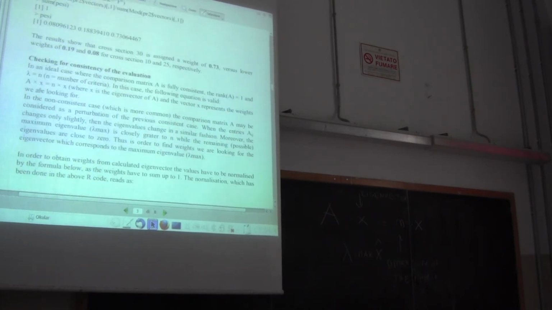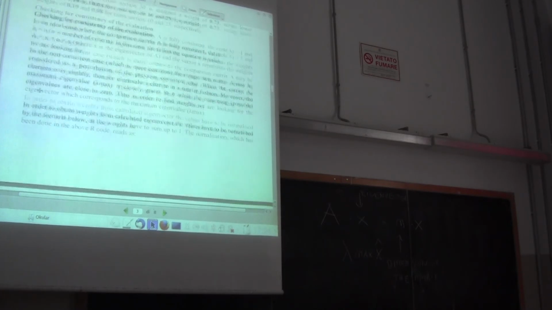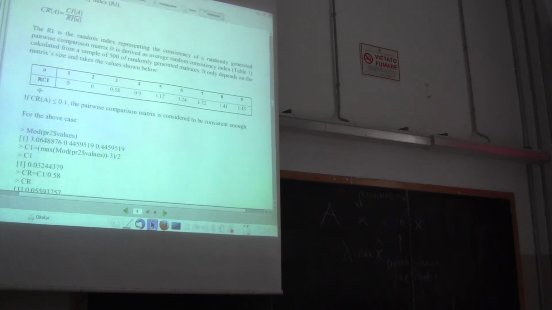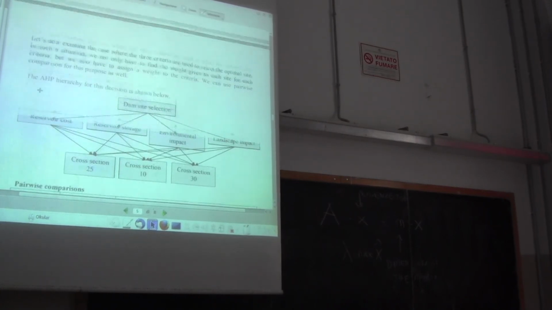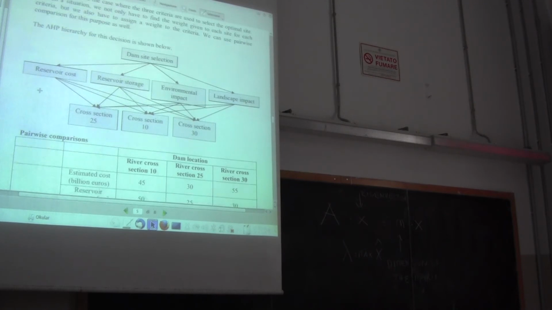Okay. Now I'm moving forward in the document, which reports the evaluation of the three alternatives with respect to the other criteria. So the next one is, you see, now you have the four criteria, you have a hierarchy of decision, the four criteria, and the evaluation of each alternative with respect to each one of the criteria.